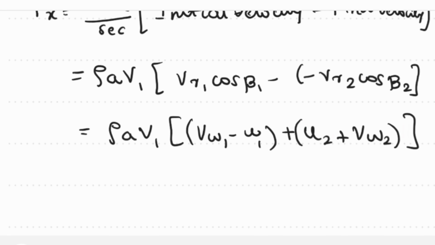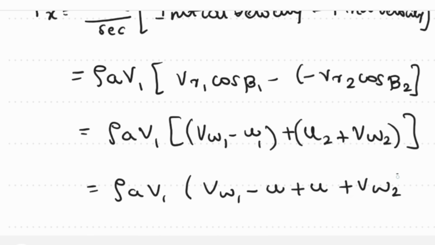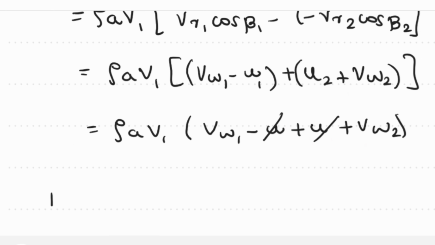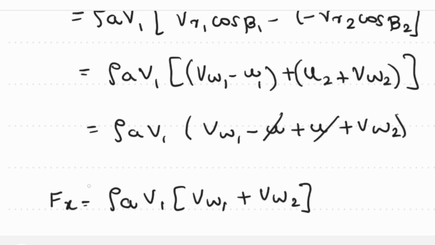Here we know u1 is equal to u2, so we can write it as u. We can write it as rho A V1 into Vw1 minus u plus u plus Vw2. So here this gets cancelled. So Fx is equal to rho into A into V1 into Vw1 plus Vw2. So this will be the equation for Fx.